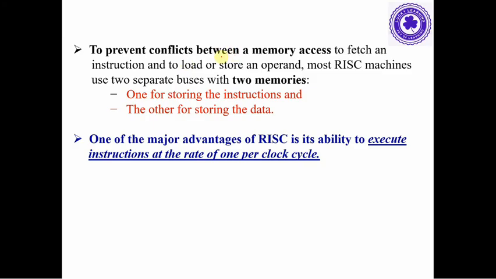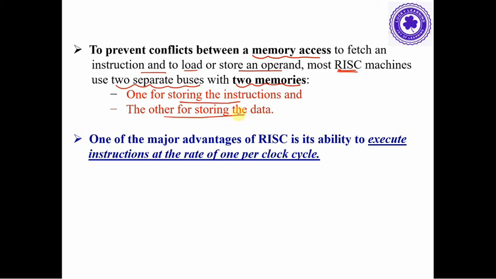And to prevent conflicts between the memory access to fetch an instruction and to load or store an operand, most RISC machines use 2 separate buses with 2 memories, one for storing the instructions and the other for storing the data. It is the problem in the instruction pipeline called resource conflict.